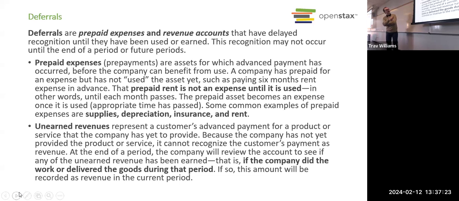So here are some examples of prepaid expenses. Supplies. We've talked about that, right? You buy some supplies. And to be honest with you, it is possible, let's say your supplier has said, you don't have to pay us for 30 days.